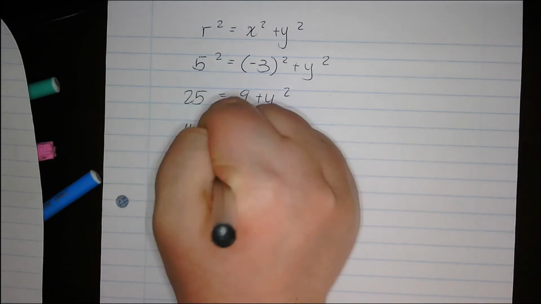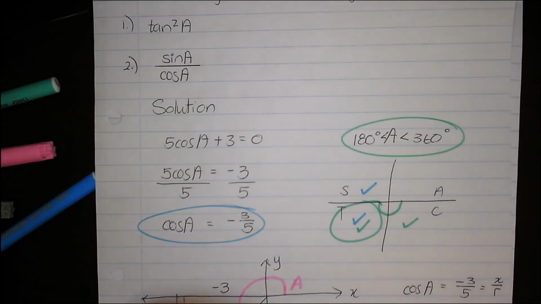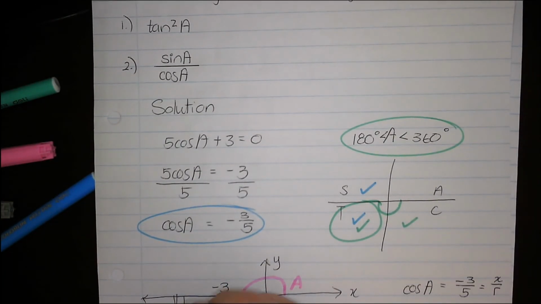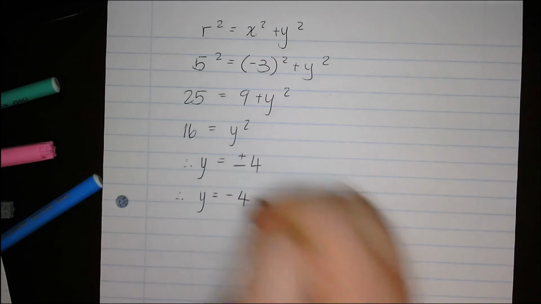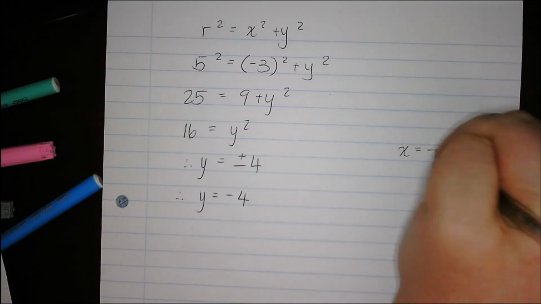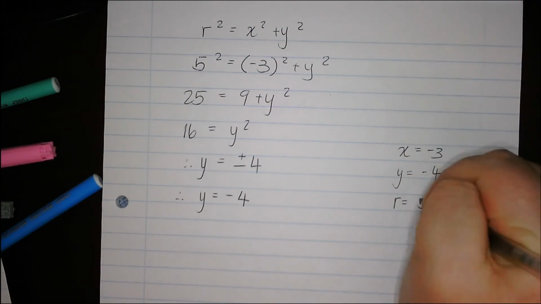So y is either positive or negative 4. And now, based on our sketch, y must be negative. So y is negative 4. So we have x equal to negative 3, y equal to negative 4, and r equal to 5.